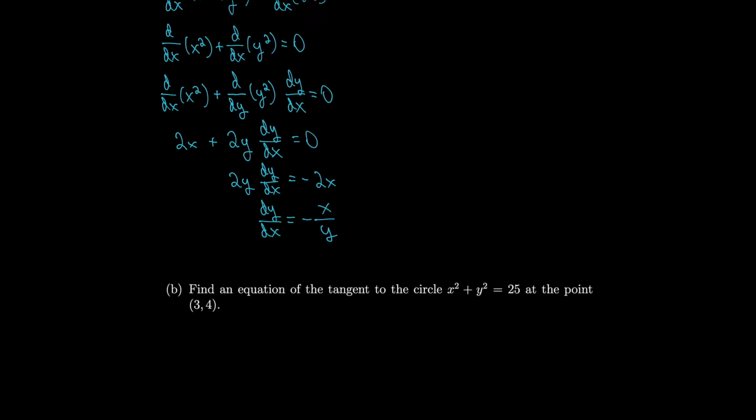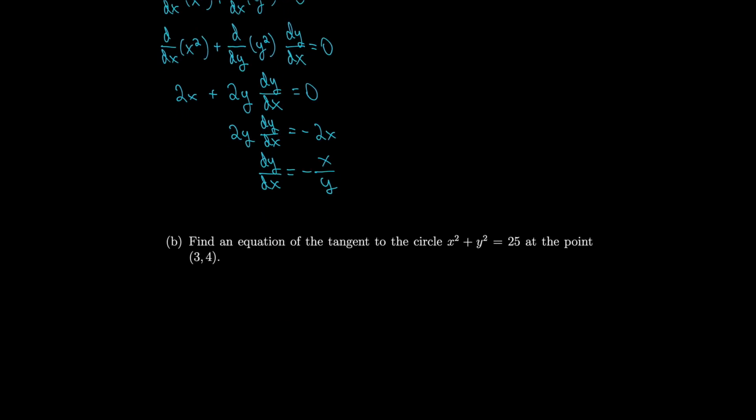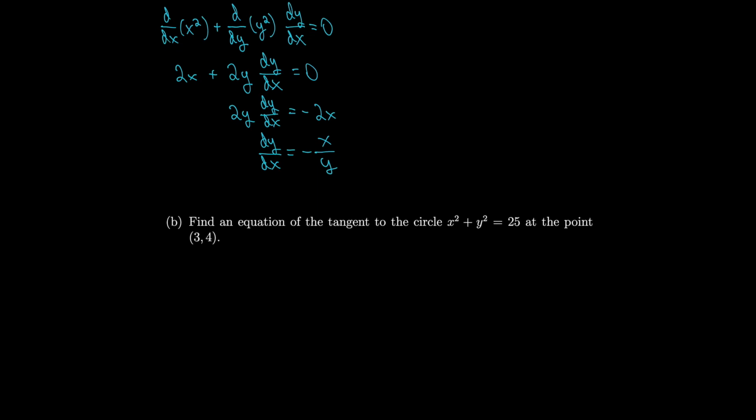Let's find an equation of the tangent line to this circle now. Well, we just saw that the derivative was negative x over y, and we want the derivative at the point 3, 4, so we'll just plug in 3 and 4. We get that the derivative must be negative 3 over 4.